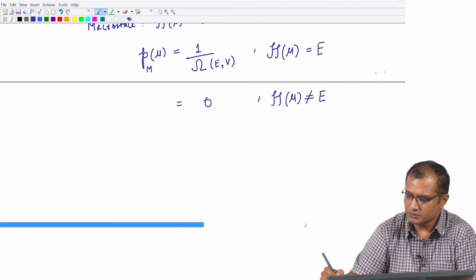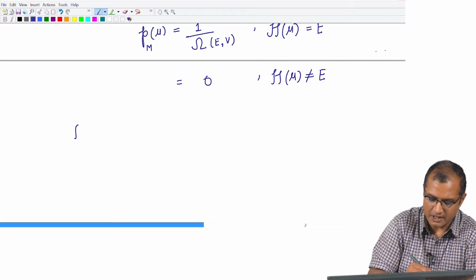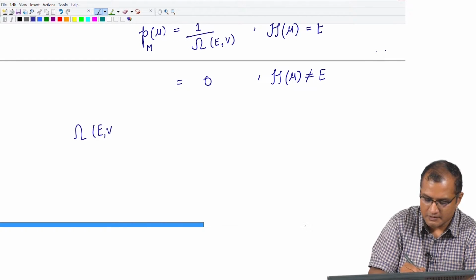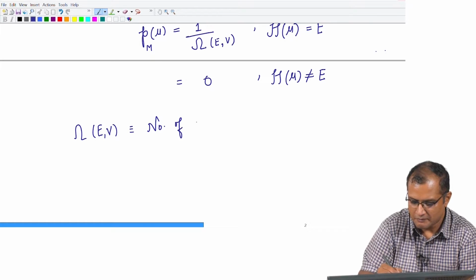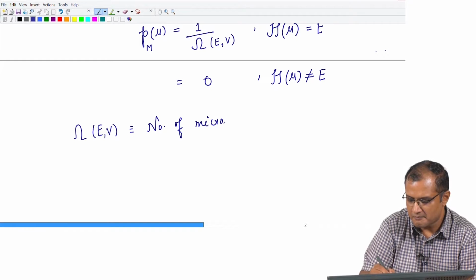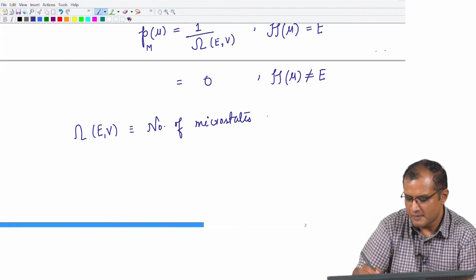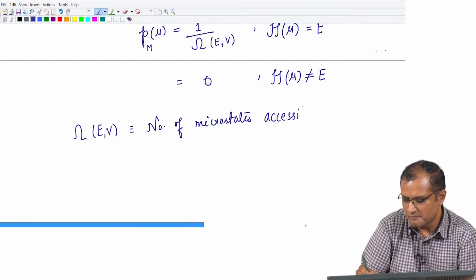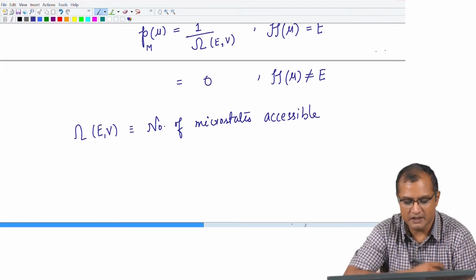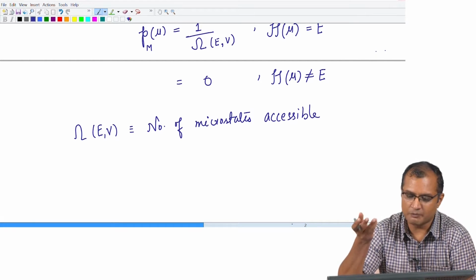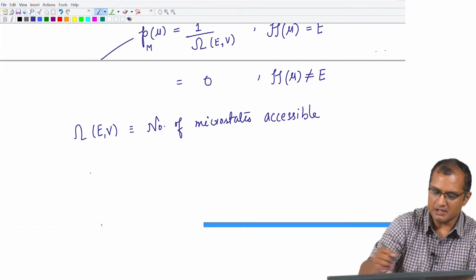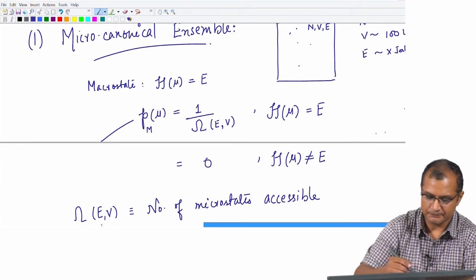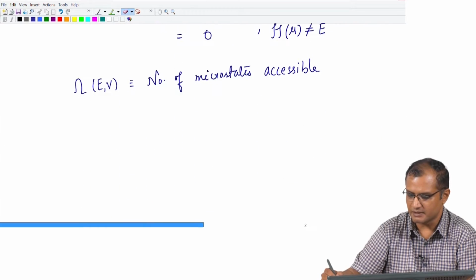So, omega here corresponds to the number of microstates accessible to the system, and the fact that I have taken each microstate to have a probability of 1 by omega, I am going to write it here.